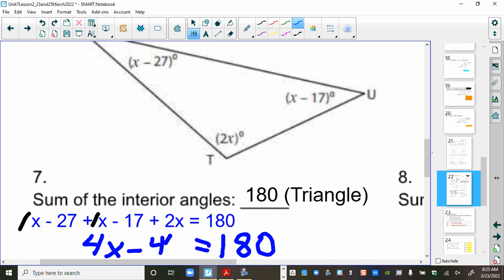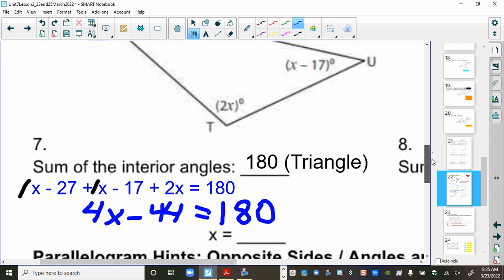So, since you're on the same side, just combine them, and you get negative. So negative 40. So it's 4x minus 44 equals 180. Now, I'm not going to go beyond there.